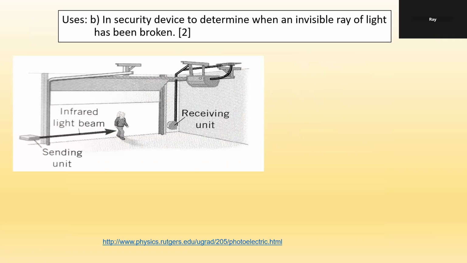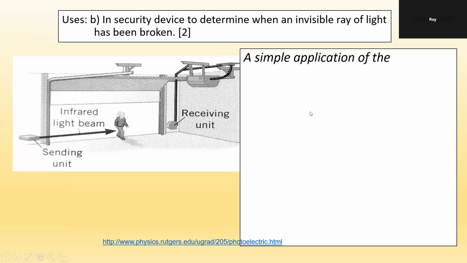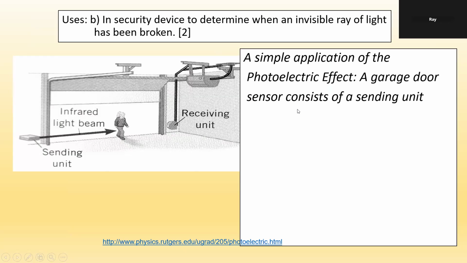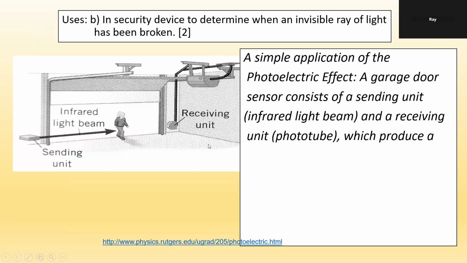You can see this in some houses: infrared in a security device to determine when an invisible ray of light has been broken. About 10 more minutes. A simple application of the photoelectric effect: a garage door sensor consists of a sending unit with an infrared beam, and a receiving unit, a phototube, which produces a photoelectric current.